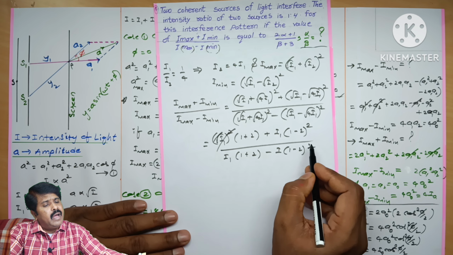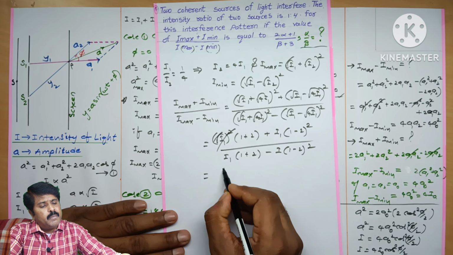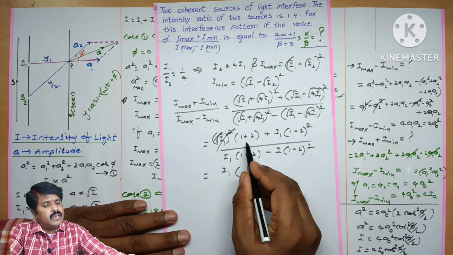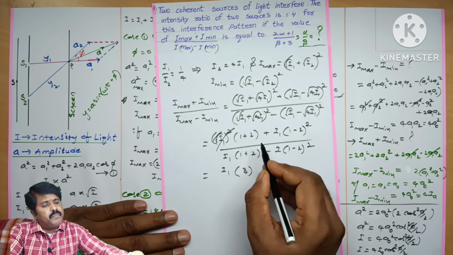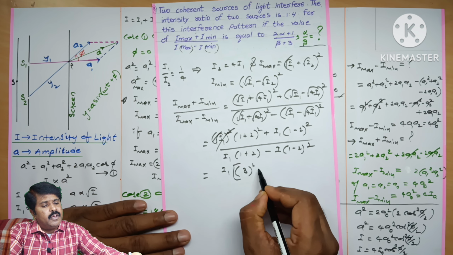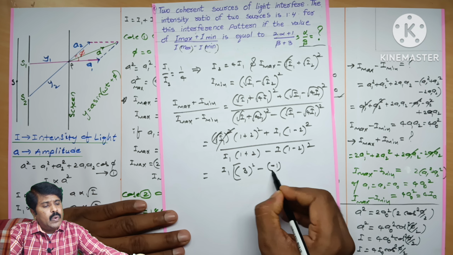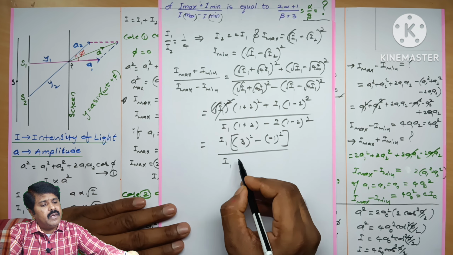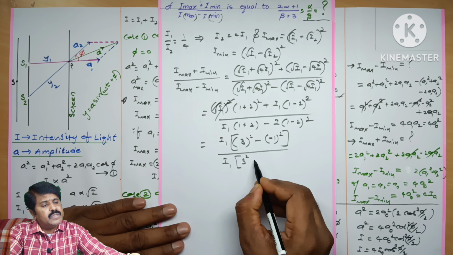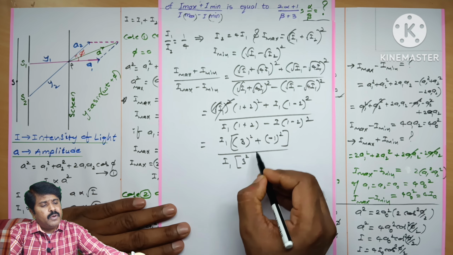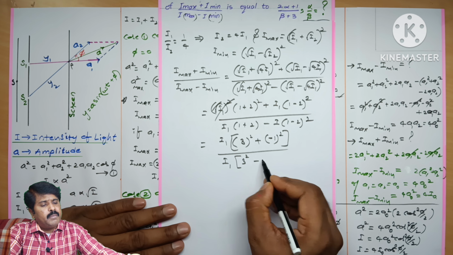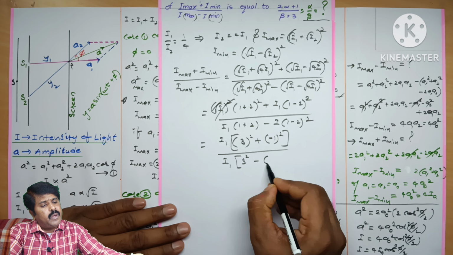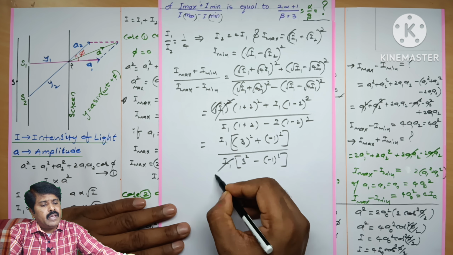See, and continuing, I1 is common in the numerator, that is 3 whole square plus 1 whole square, divided by I1 common in the denominator, that is 3 whole square, sorry, numerator is plus and denominator is minus, okay, minus 1 whole square.